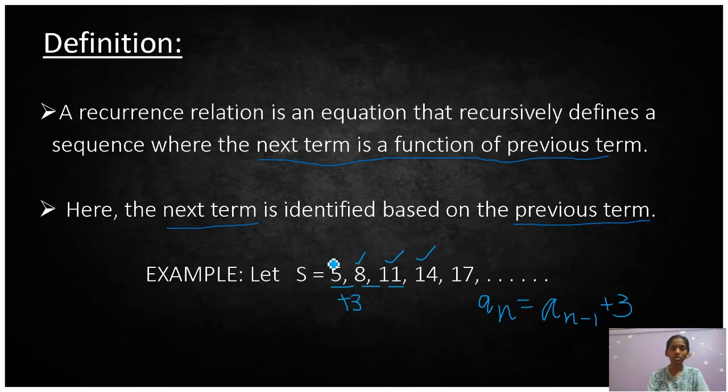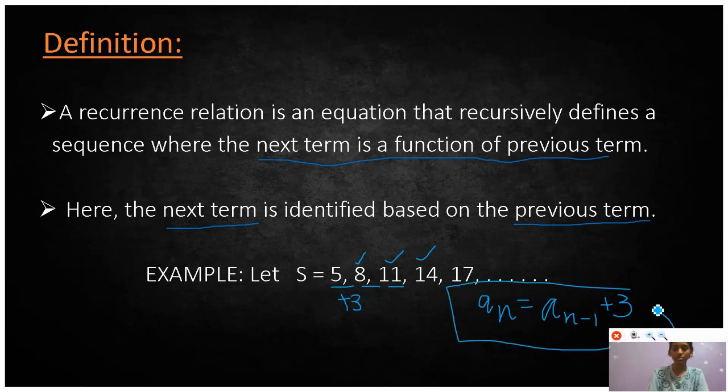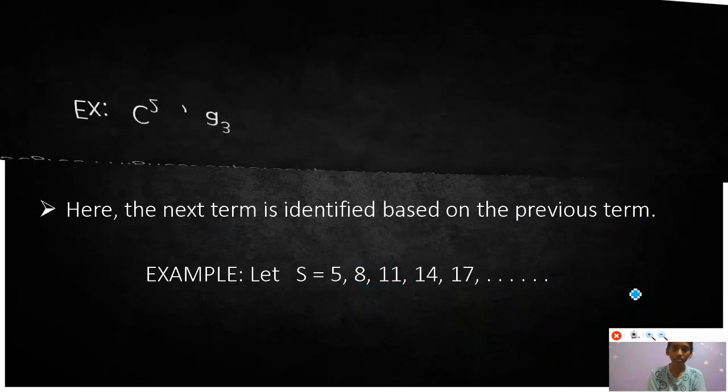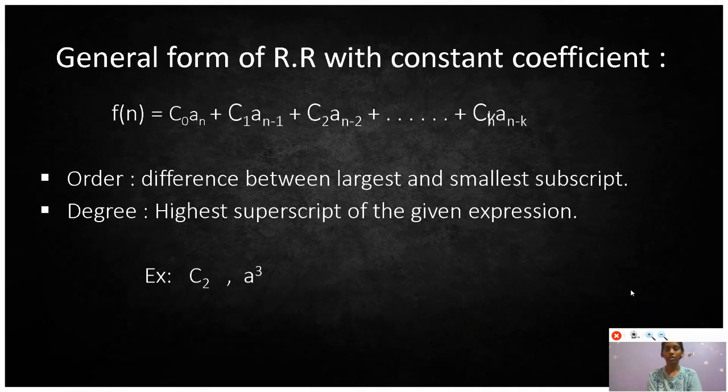For every problem which will be given to solve by using characteristic roots, we have to find the recurrence relation in this way at last. So we'll see how we can find that. Before that, we'll learn the general form of a recurrence relation which has constant coefficients.